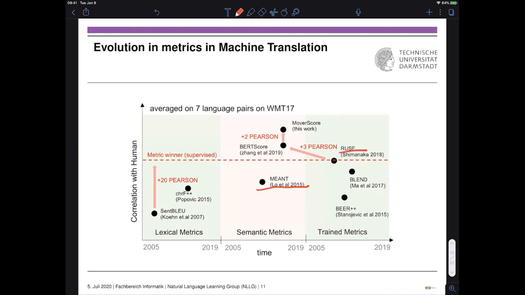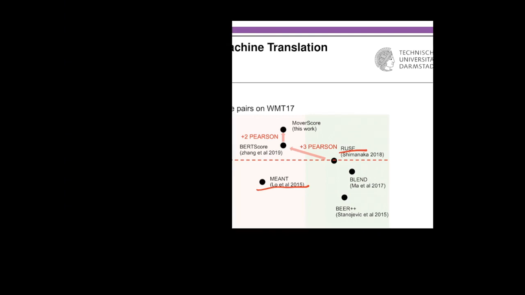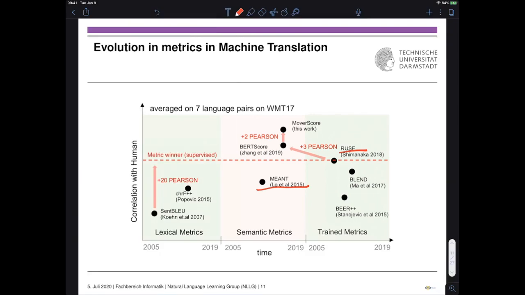But in 2019, when BERT came into place, two novel metrics, BERTScore and our MoverScore, both unsupervised, both outperform supervised metrics like RUSE.